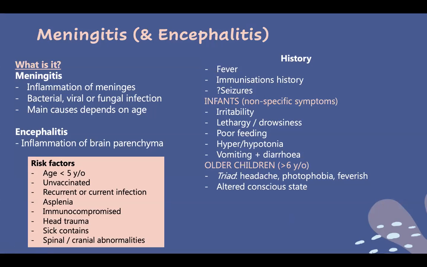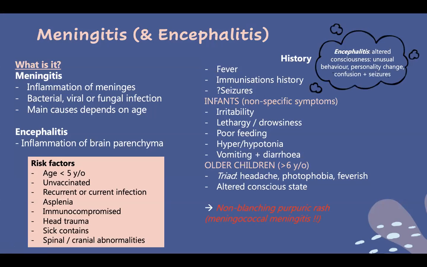So essentially they present with non-specific symptoms like irritability, lethargy, poor feeding, and they sometimes become really floppy. So you always have to be thinking meningitis. And obviously one of the red flags is the non-blanching purpuric rash, which of course tells us it could be a meningococcal meningitis.